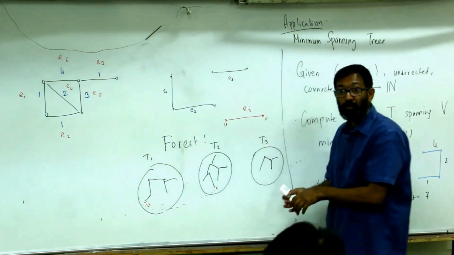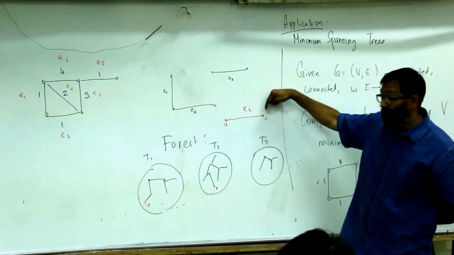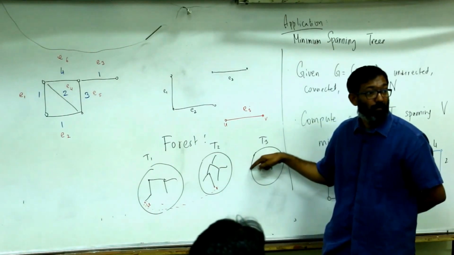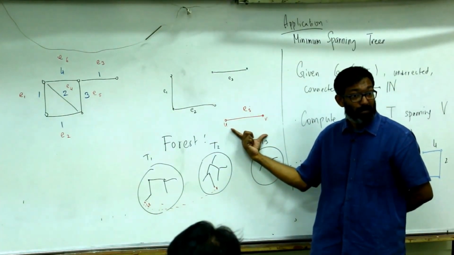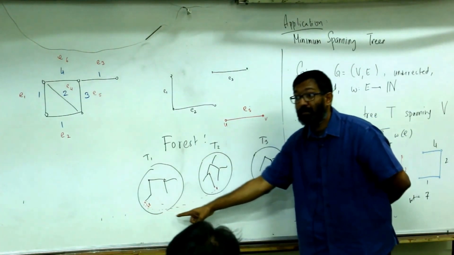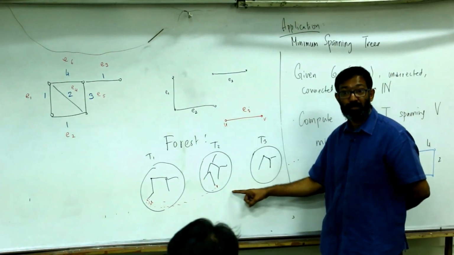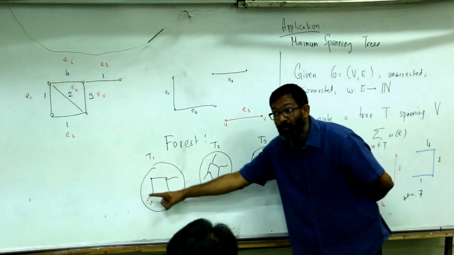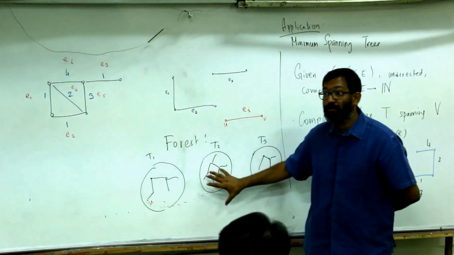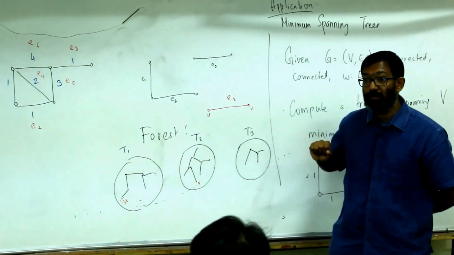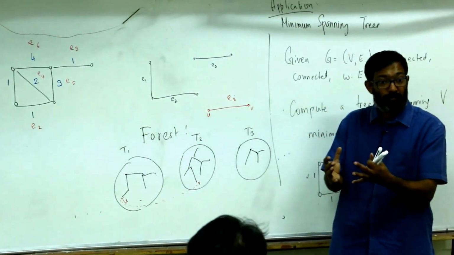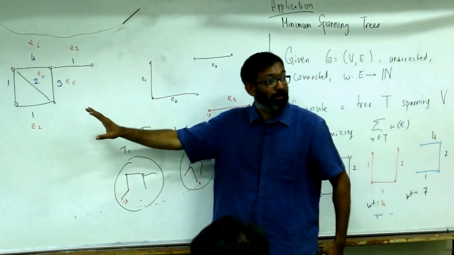Then which tree does V belong to? V belongs to, let's say, T2. If the answers are different for these two endpoints, then we know that they live in different trees and we can add the edge. Now when you add the edge, you create a union of these two trees. The set of nodes in the new tree is the union of the nodes in these two trees. So this is precisely what we started with.